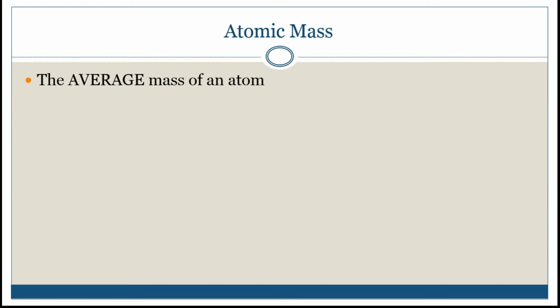Atomic mass, next blank, is the average mass of an atom. It's the average mass of an atom. That's why sometimes you'll see decimals. So for example, look at the atomic mass of chlorine.